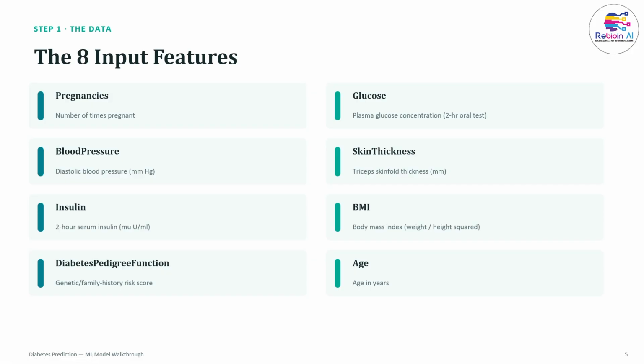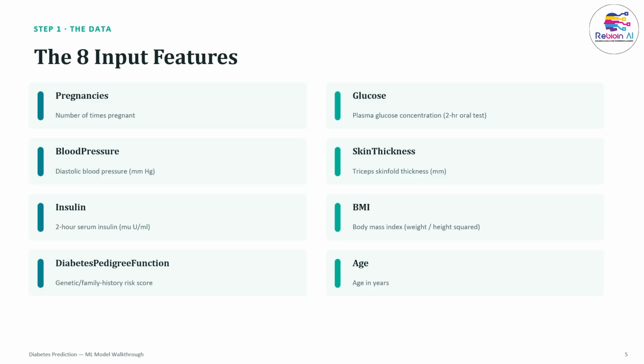As we saw in our dataset, here are all 8 features we'll be working with. Most of them are self-explanatory clinical measurements, like number of pregnancies, blood pressure, skin thickness, age, and so on. Two are worth calling out specifically. The first is the diabetes pedigree function.